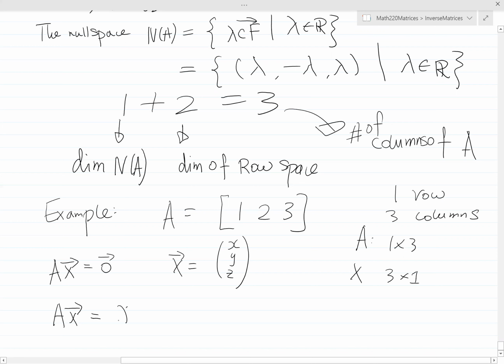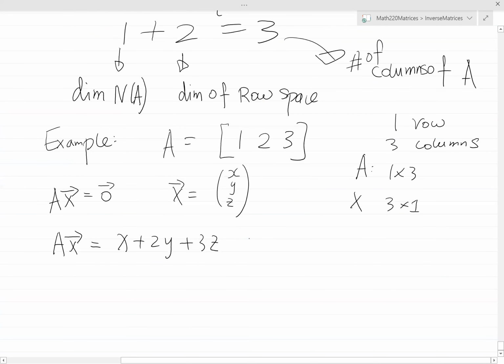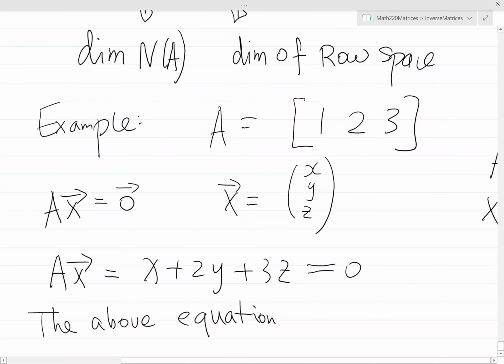So we get x plus 2y plus 3z, and we set this to 0. So this defines a plane. All possible solutions x, y, z that satisfy this equation form a plane. The above equation defines a plane.